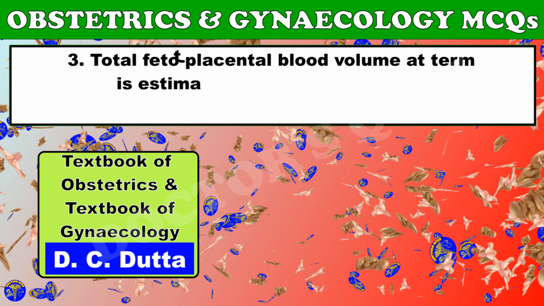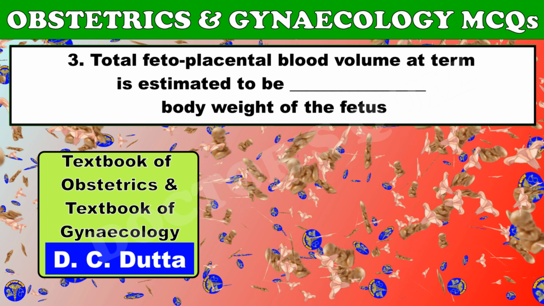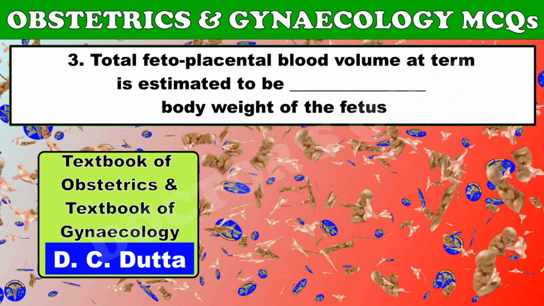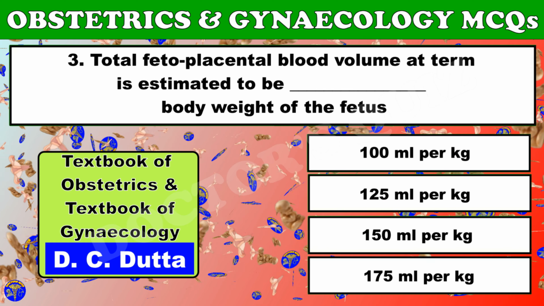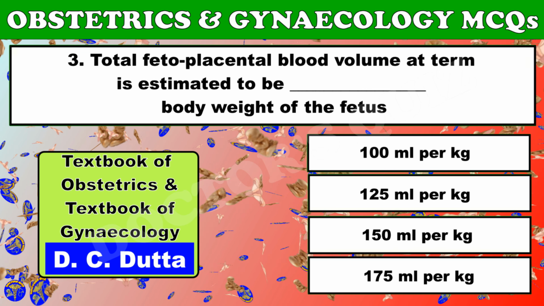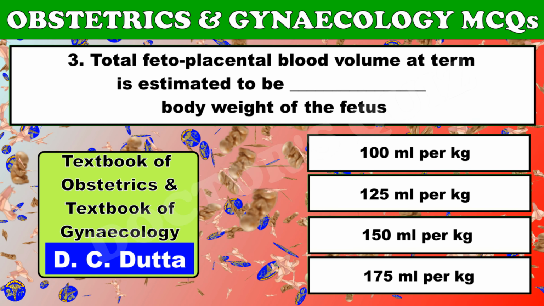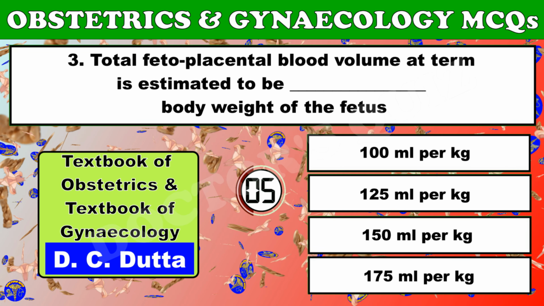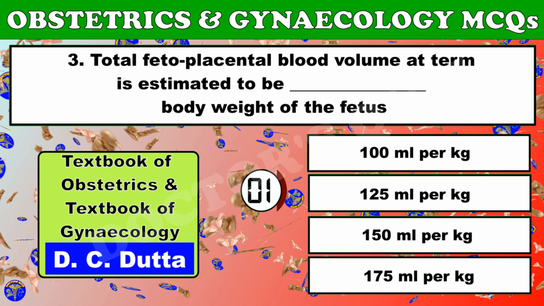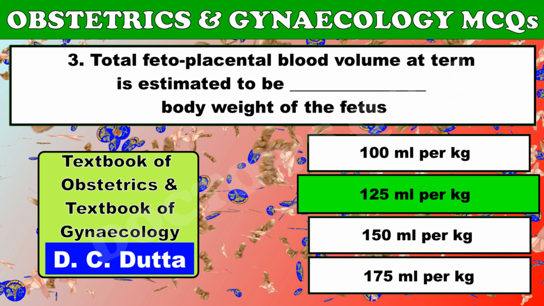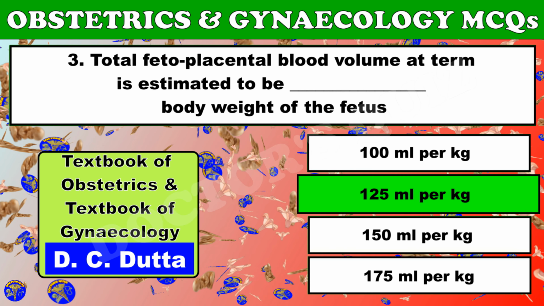The next question is, total fetoplacental blood volume at term is estimated to be dash body weight of the fetus. Options are 100 ml per kg, 125 ml per kg, 150 ml per kg or 175 ml per kg. Answer is 125 ml per kg.